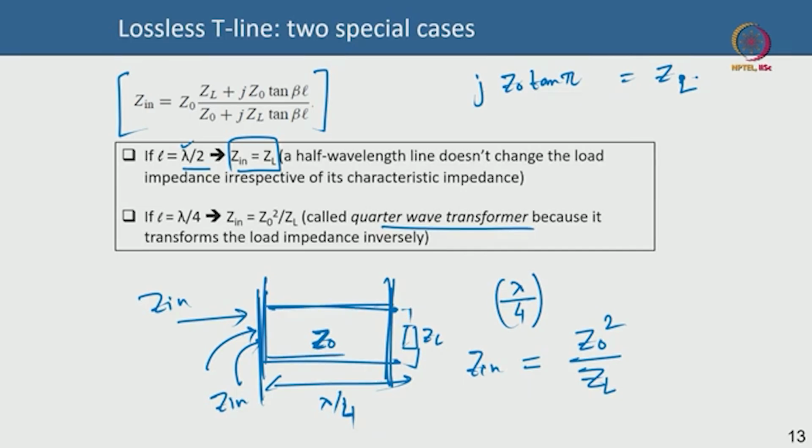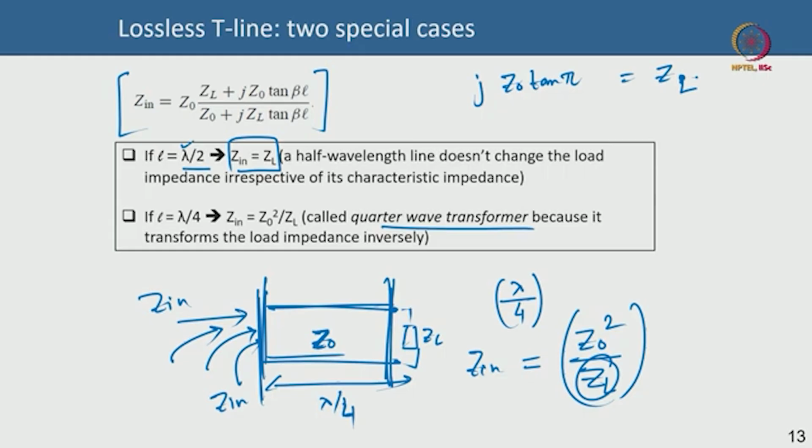So when I am looking from the input side of the line, I see an impedance of Z naught square by ZL. In a way, the load impedance is mapped inversely. That is why this segment of transmission line, which is lambda by 4, is called a quarter wave transformer. This is a very important and interesting property of the transmission line.